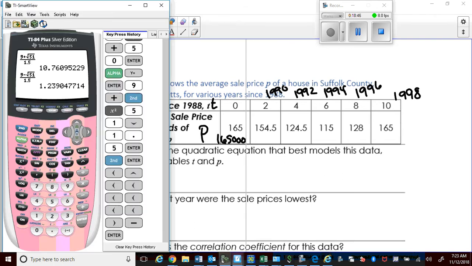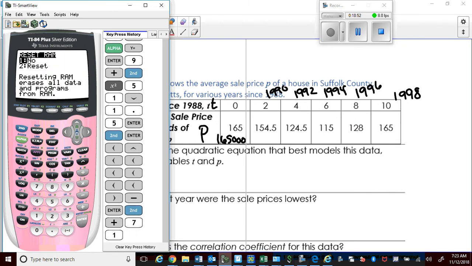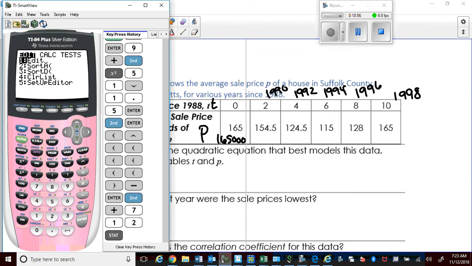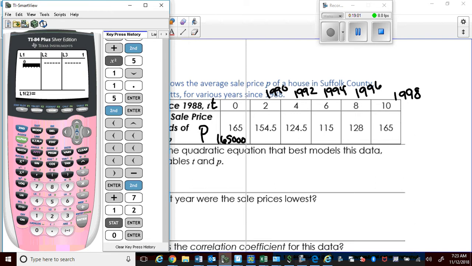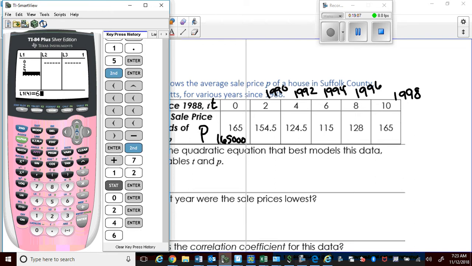So what I'm going to do is I'm going to go and press second plus 712. This will clear out my list. I'll go back to stat, press edit, and put my numbers in. 0, 2, 4, 6, 8, 10.